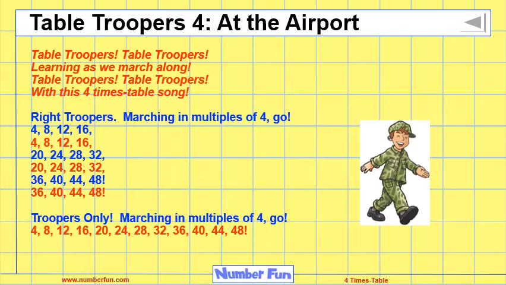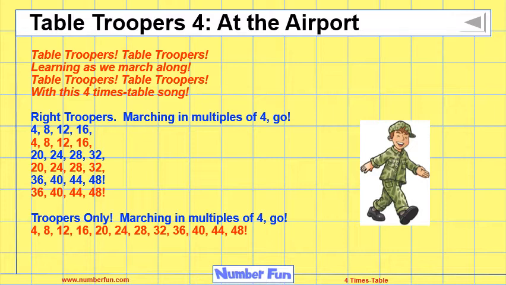Right, troopers, marching in multiples of 4. Go! 4, 8, 12, 16. 20, 24, 28, 32. 36, 40, 44, 48. Troopers only, marching in multiples of 4.